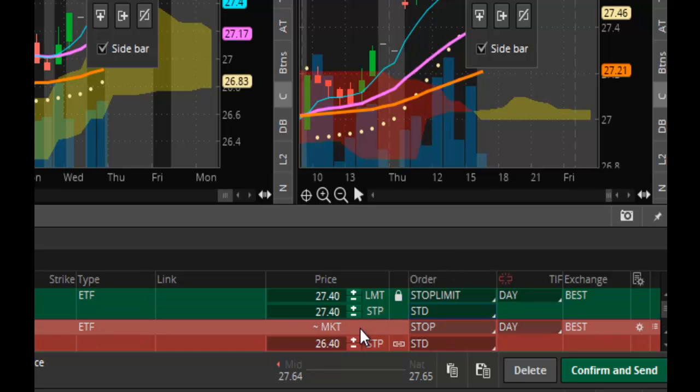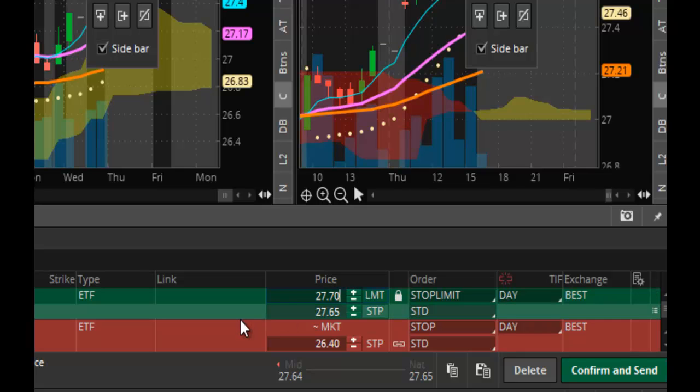All right, here's how this works. See this section right here? STP is stop, and here's your limit. In this example, the market closed at 27.64. So let's say we want to put ours at 27.65, and we'll give ourselves a nickel of slippage. We'll say 70 here.